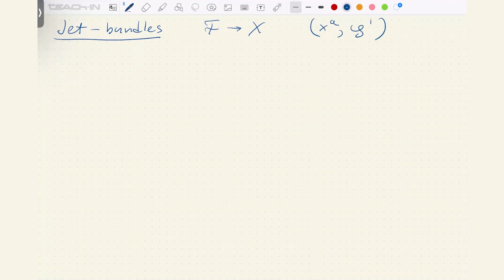You can always think that this is just a space with coordinates x and phi, but they play different roles. So x are coordinates on space-time, and phi are like fields. These are coordinates on fibers of our bundle.